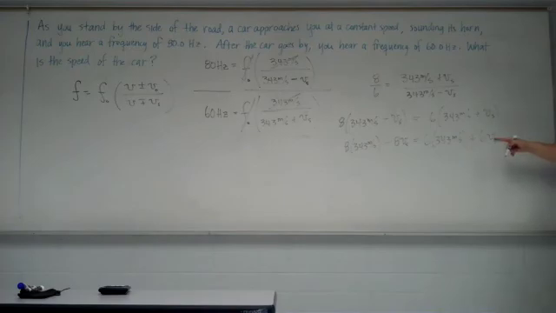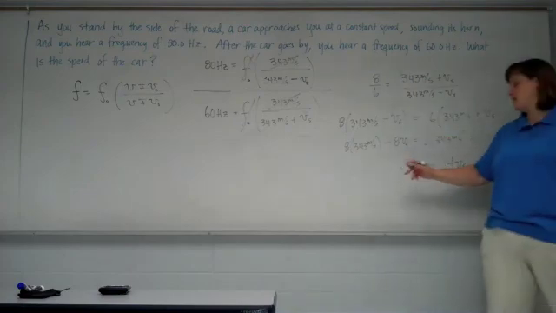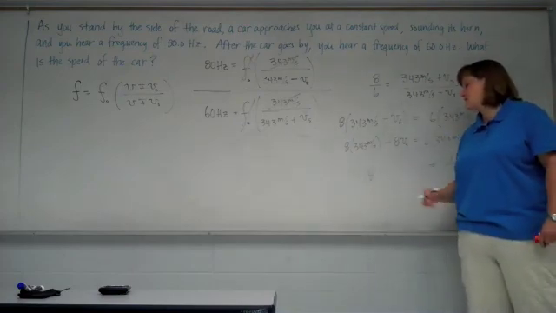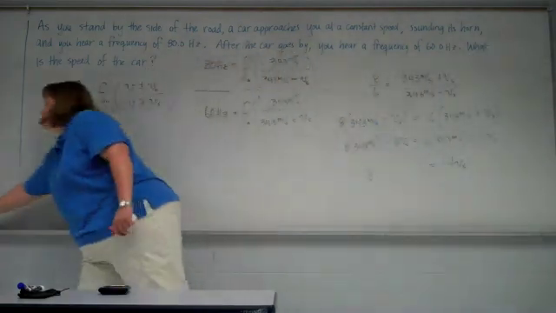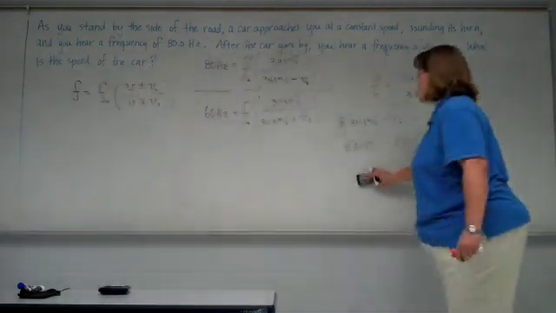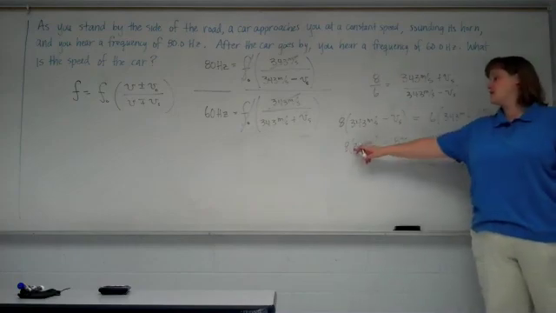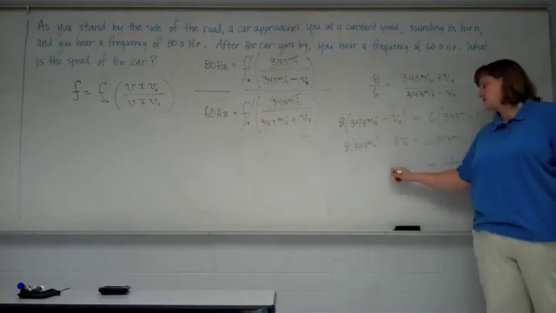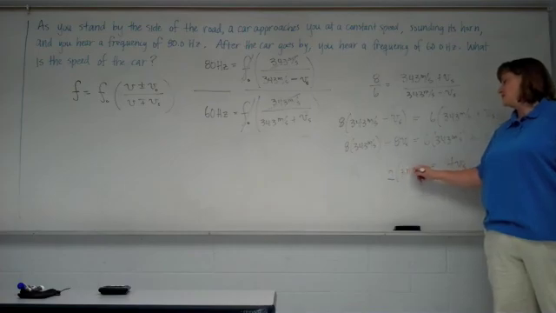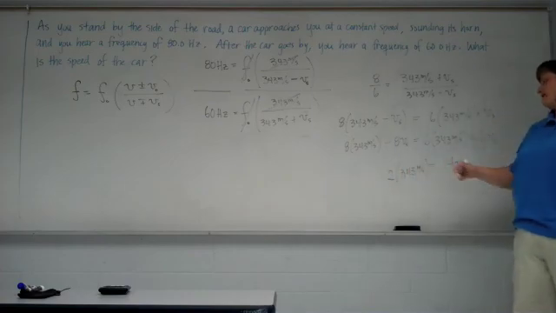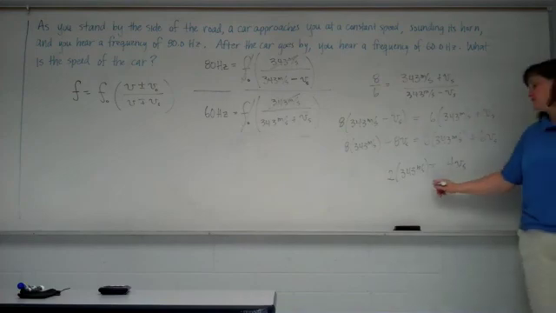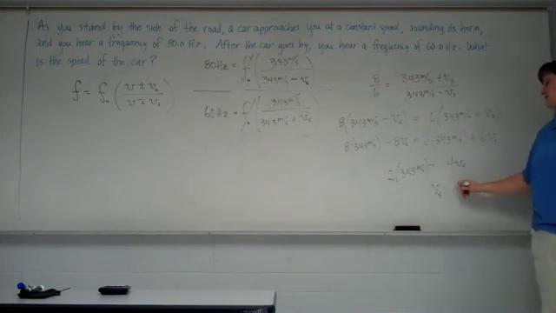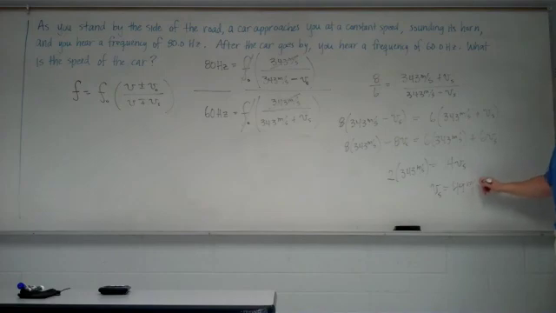Get the speed on the same side, so 8 over here, 8 plus 6 is 14. Take this to the other side, so we get 8 minus 6, which is 2. Since they're both multiplied by 343, we can factor the 343 out, so 8 minus 6 is 2 times 343. Divide both sides by 14. Speed of the car is 49 meters per second.